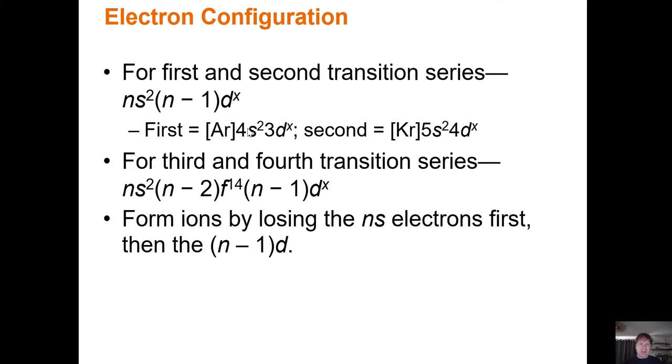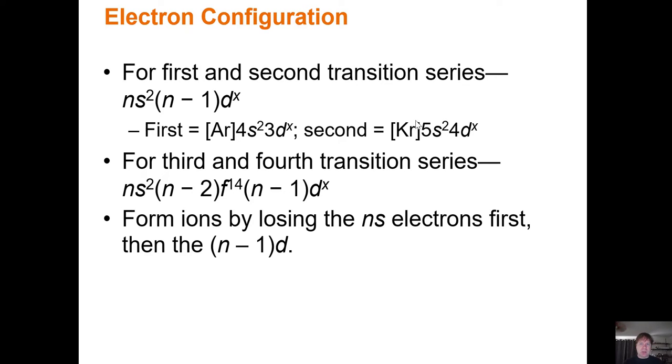Their electron configuration is going to be of this form: ns2 (n minus 1)dx. For the first series of transition metals, argon is the noble gas before that, so 4s2 3dx. X is however far along it is in that transition metal series.